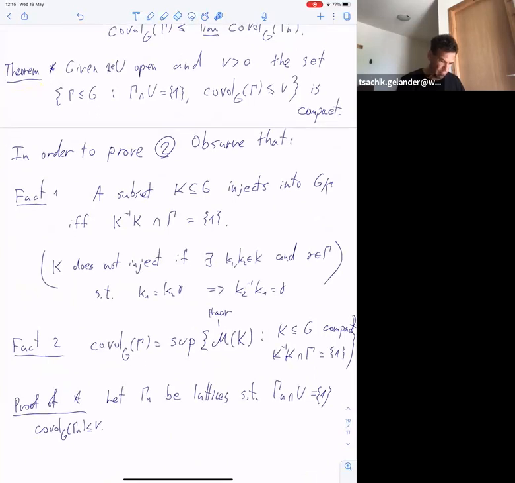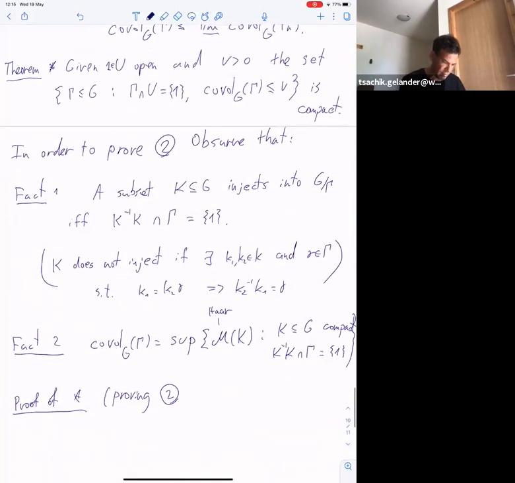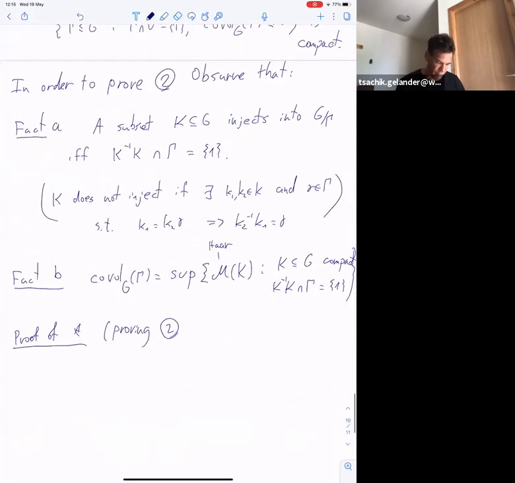Okay, proving the theorem is the same as proving number 2 above. So okay, let's call this A and B. I'm proving number 2. So gamma n converge to gamma.